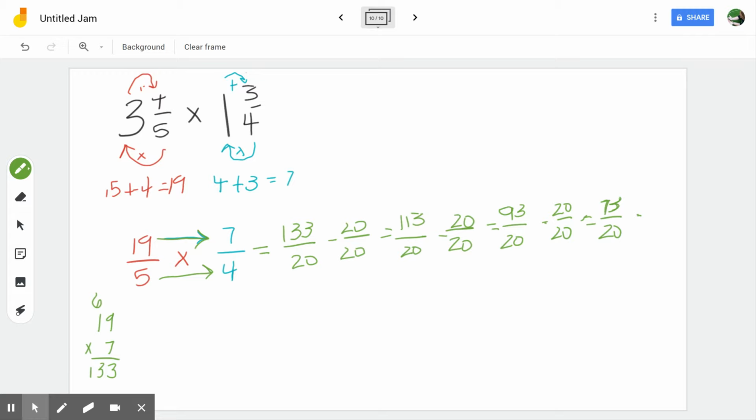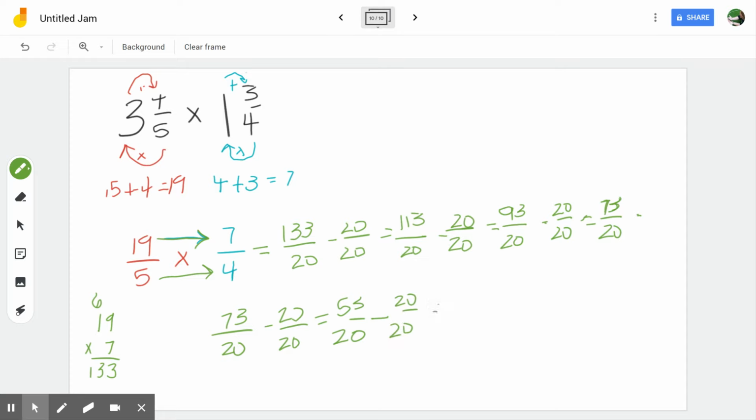I'm going to slide this down and I'm going to rewrite 73/20ths here, and I'm going to subtract another whole, 20/20ths. That gives me 53/20ths. And I can subtract another whole, 20/20ths.